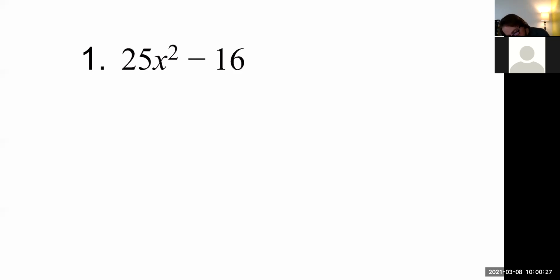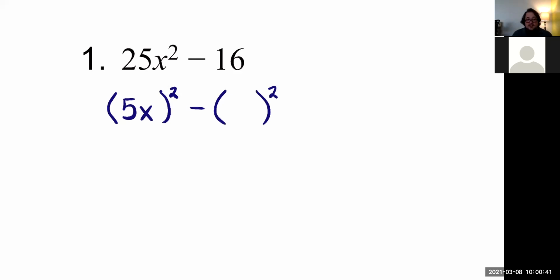So what I would ask myself is, what is being squared to make 25x squared? 5 and an x. So a 5 is being squared to make the 25, and the x is being squared, obviously, to make the x squared. So 5x is my first piece.